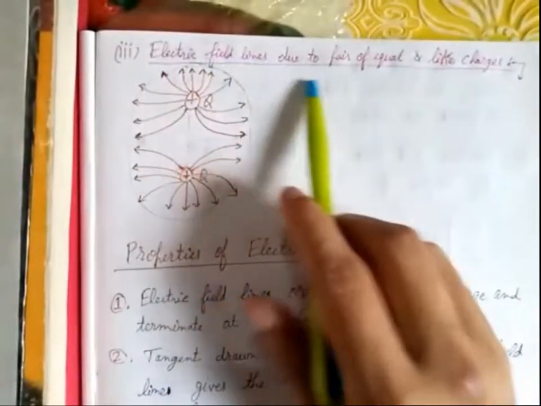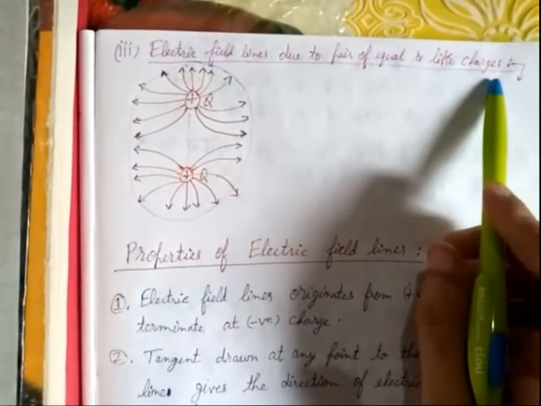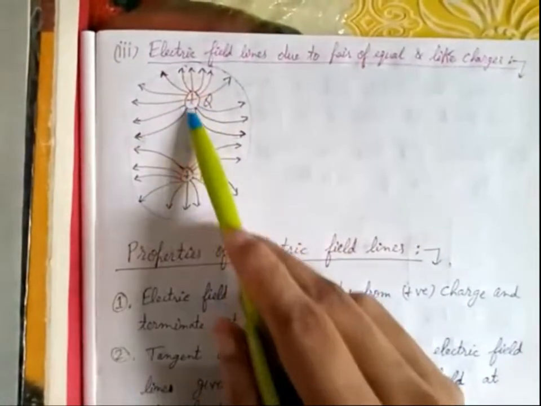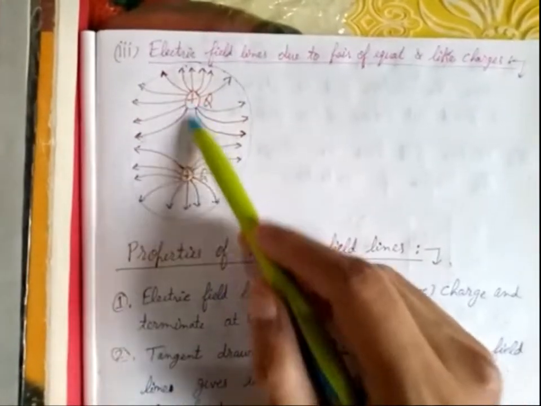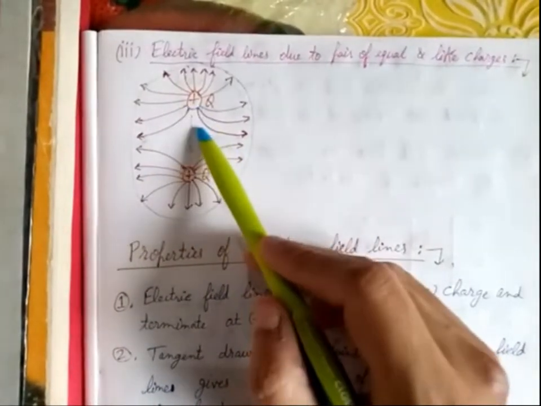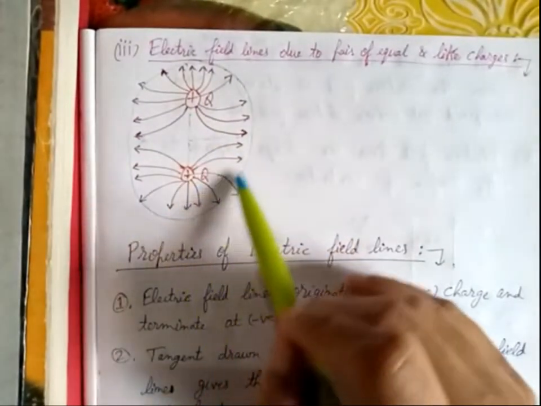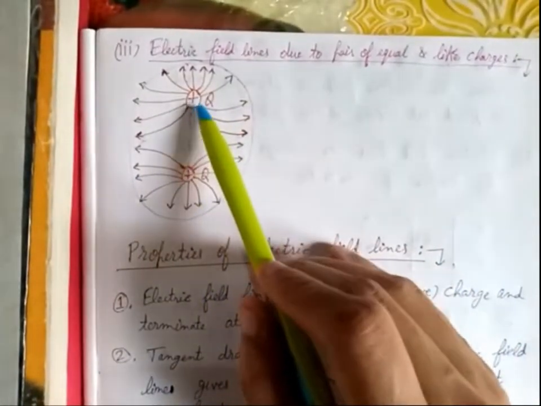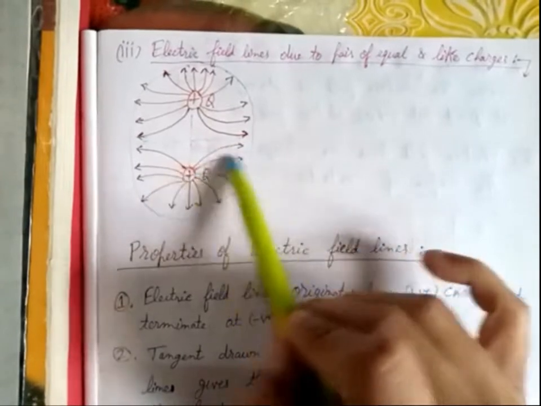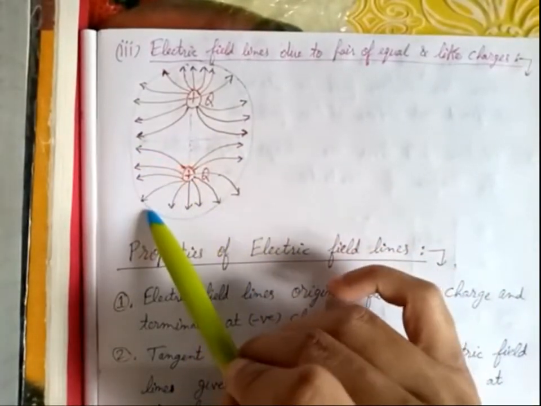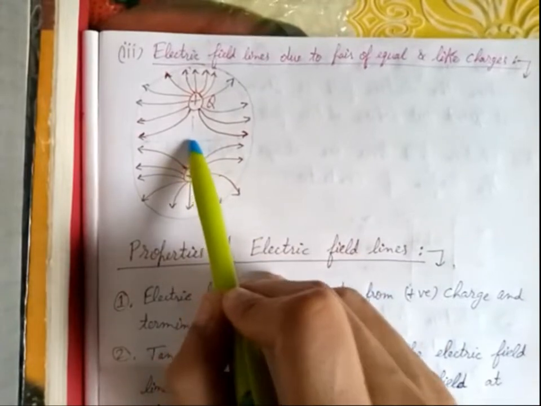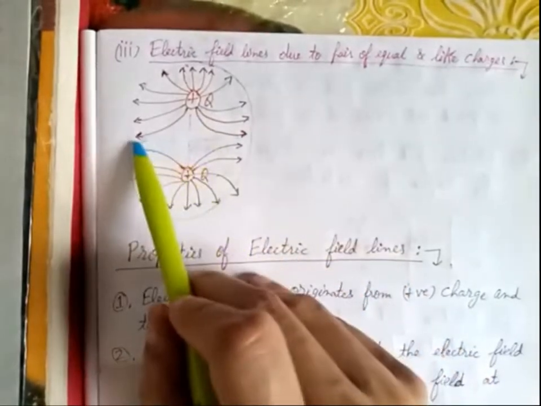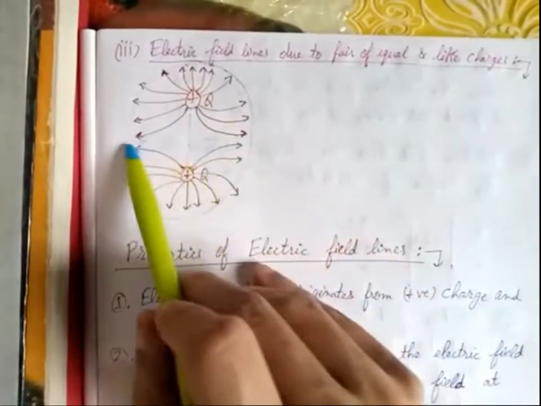Now the next thing is the electric field lines due to a pair of equal and like charges. When there are two equal and like charges separated by a certain distance, the electric field lines will be in such a manner that from each charge the field lines come out radially outward, and in the middle of these two charges, the region will be free of electric field lines.